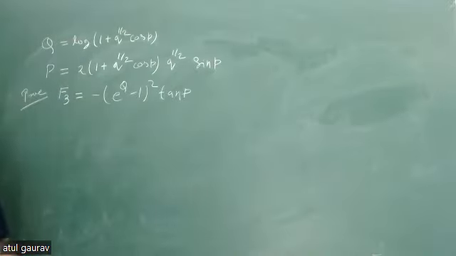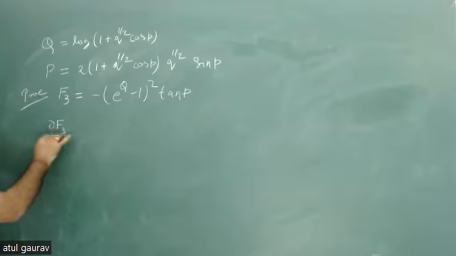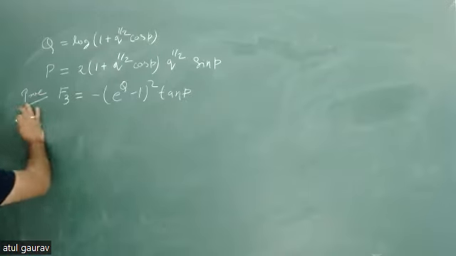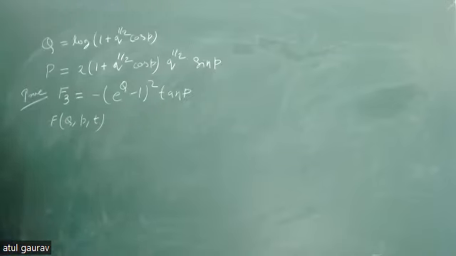Let's begin. Okay. So what is the first thing we have to do? Del F3 upon. By the way, what is F3? F3 will be a function of capital Q, small p, and maybe a function of time. Isn't it? Yes, sir. So we have to go for del F3 upon del Q is equal to what? Minus P. This is my first equation.